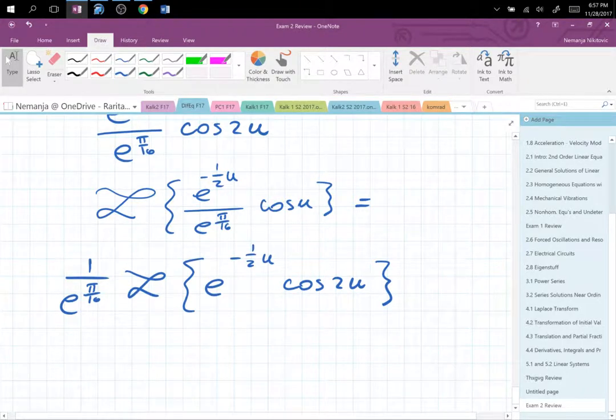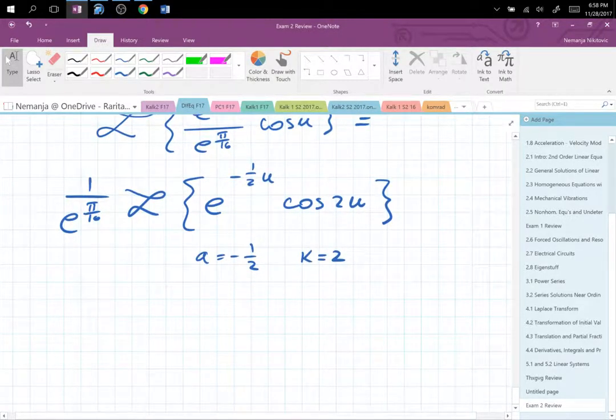Now we still see that our a for shifting is negative 1/2, and for our Laplace transform for cosine, we have that k is equal to 2. So we have 1 over e to the pi over 16. And now for the Laplace transform, we are ignoring the e part because that is just a shift.